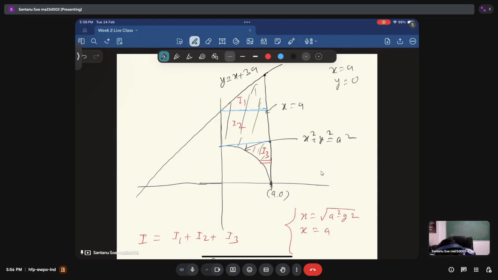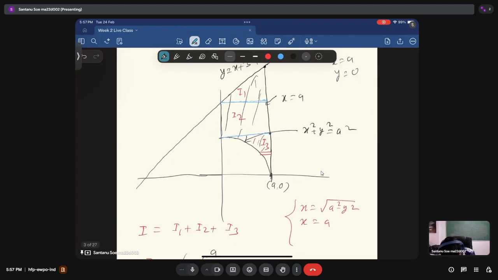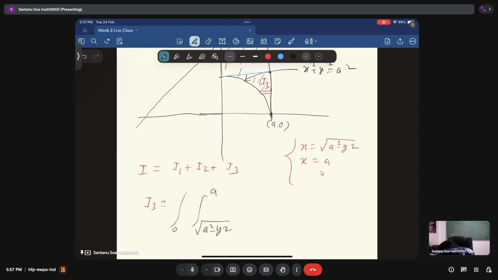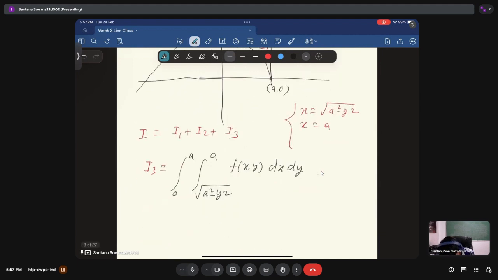So y will vary from 0 to a, correct? So this will be 0 to a, and then f(x,y) dx dy, correct? So this is our integration I3.